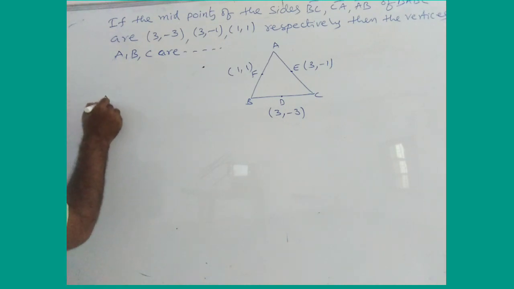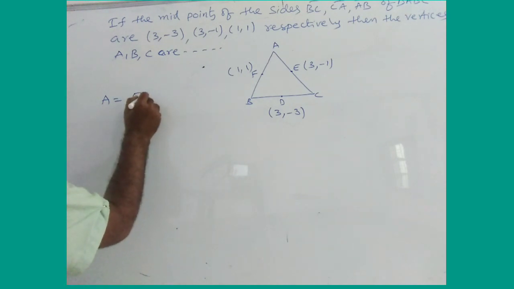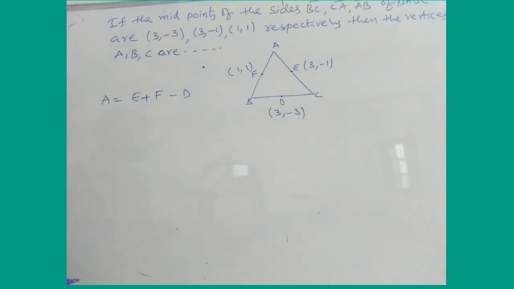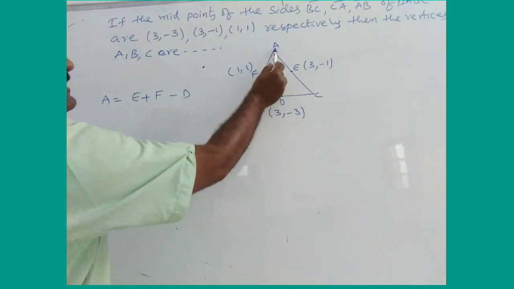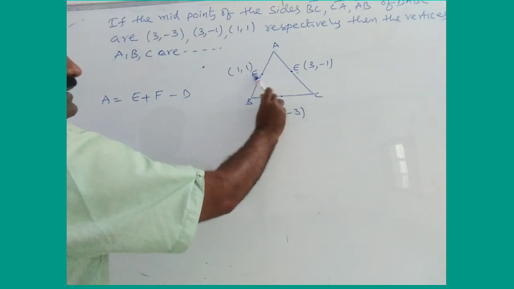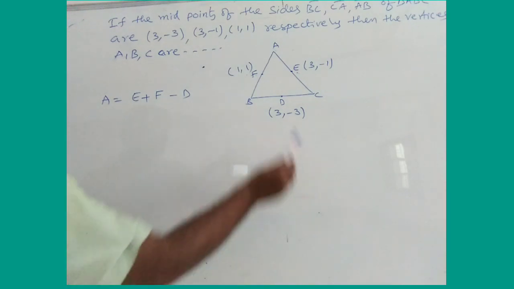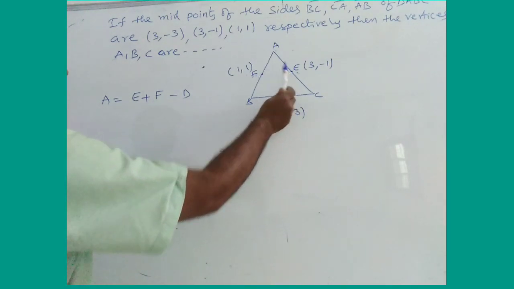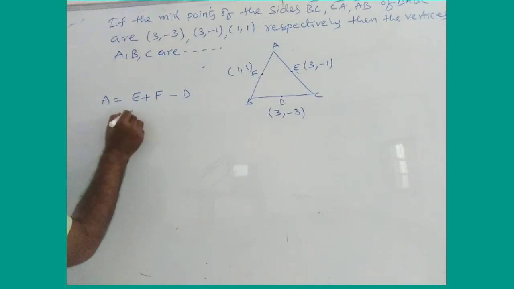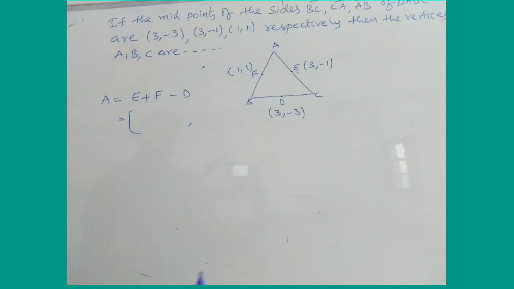So we can find the vertex A by using the formula E plus F minus D. To find vertex A, sum of the adjacent midpoints minus the opposite. Let us apply this rule for x coordinates as well as y coordinates separately.